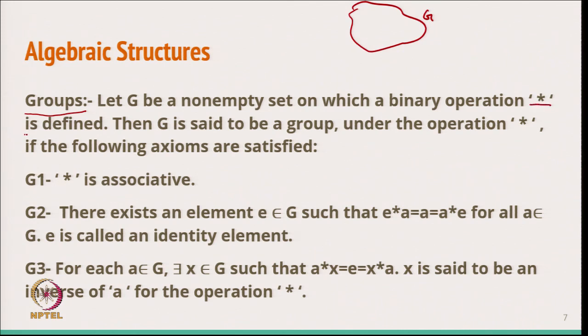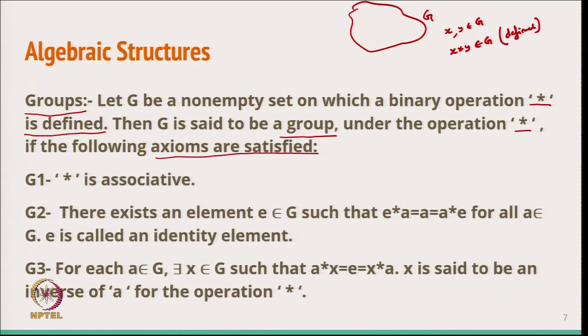Star is defined means when I take two elements x and y belonging to G, x star y also belongs to G. So, that is already there. Then G is said to be a group under the operation star if the following axioms are satisfied.